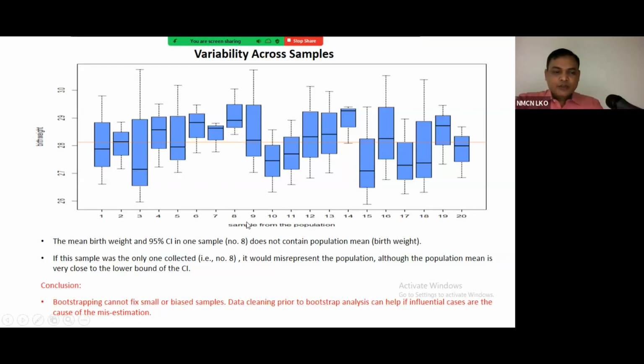What we conclude here is that bootstrapping cannot fix a small or biased sample. Data cleaning prior to bootstrap analysis can help if influential cases are the cause of the misestimation.